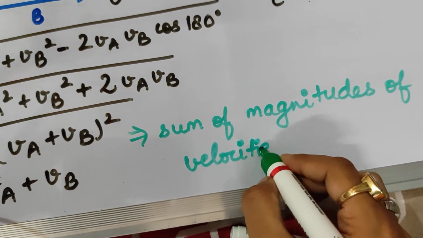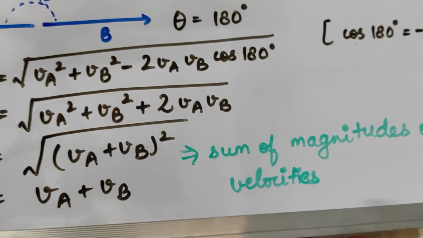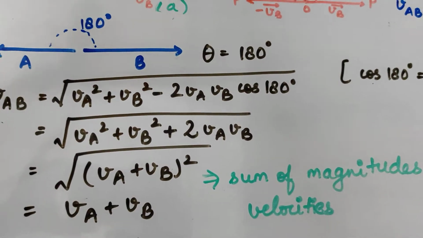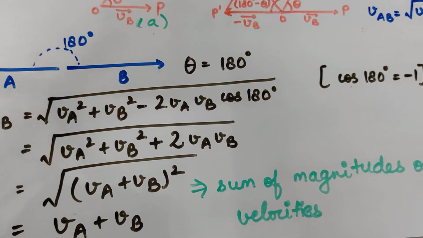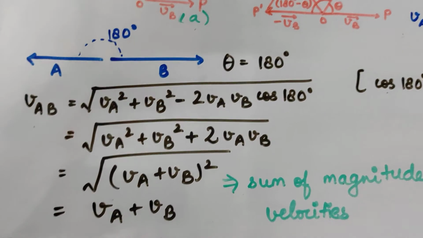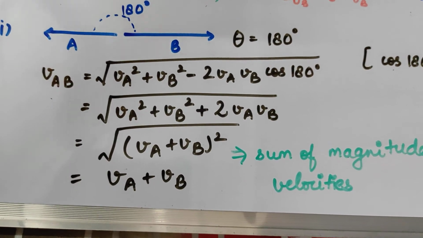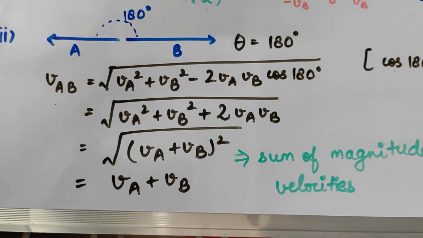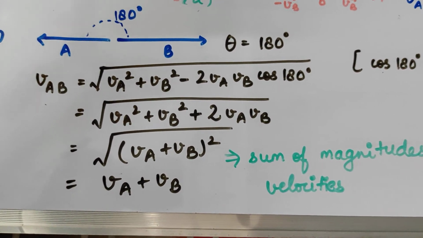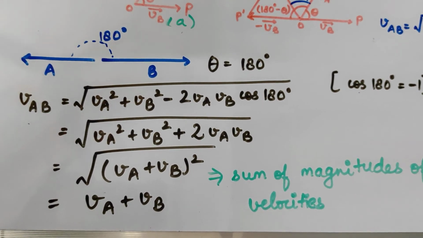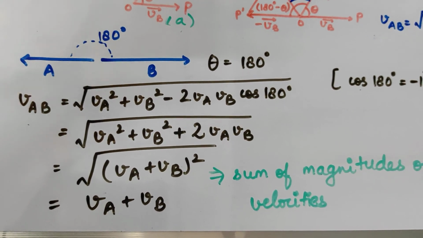And if we take an example, when two trains are crossing each other in opposite directions, it appears to us that these two trains are very fast relative to each other. So this is the example of this case.